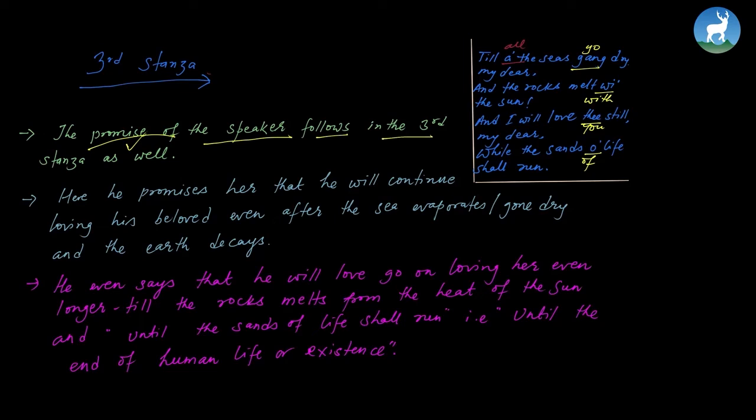What he does over here in the third stanza is he promises her that he will continue loving his beloved even after the sea evaporates or goes dry, or even after the earth decays.